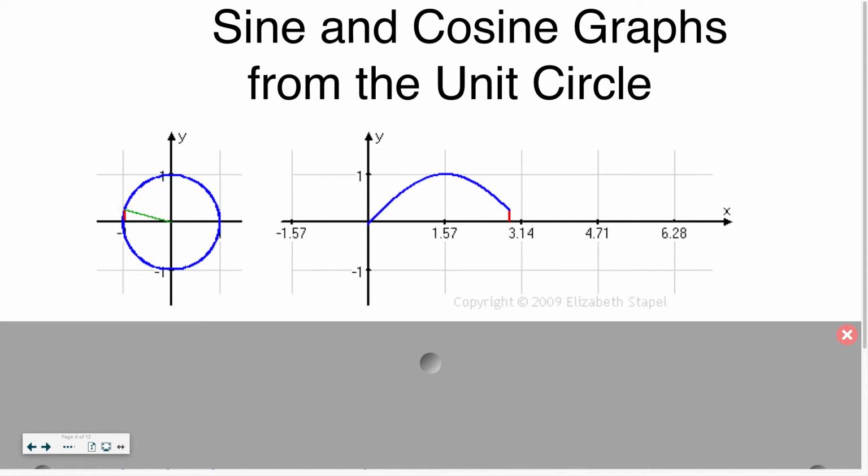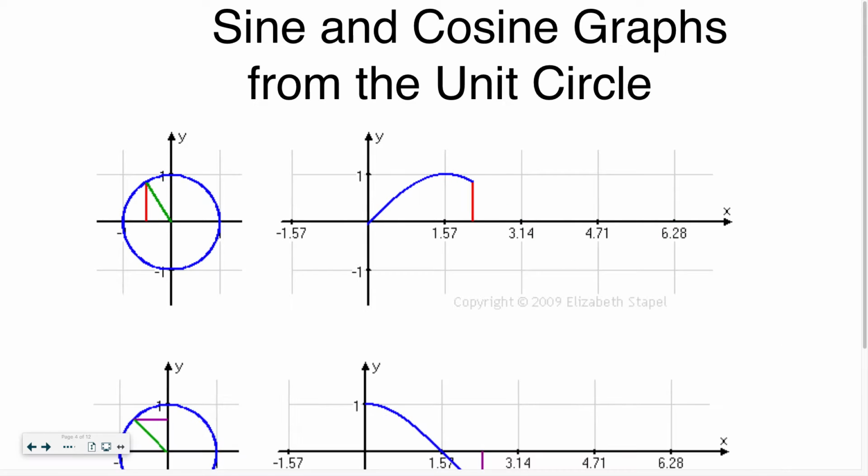Notice that it's building those triangles that are part of our bow ties. So it's always going back to the horizontal x-axis, and it's measuring that red line, which is y. And that on the unit circle would be sine. So then it's plotting the height of y, or the value of y, as our output on the graph. And if you keep going around, you just keep getting that same thing. So this would keep going forever and forever. It's just an extra rotation.